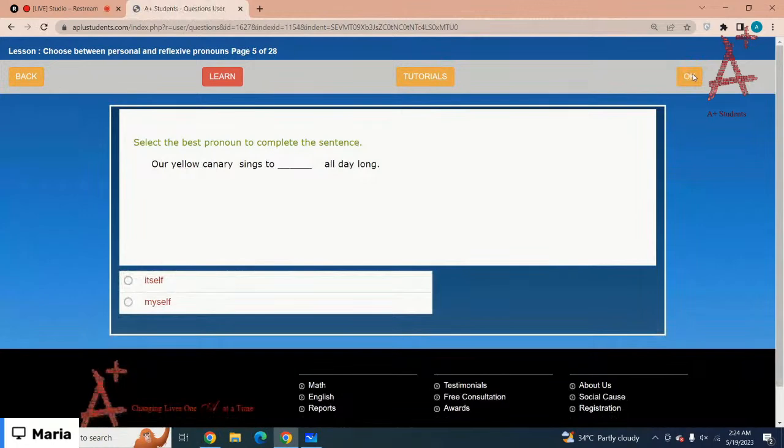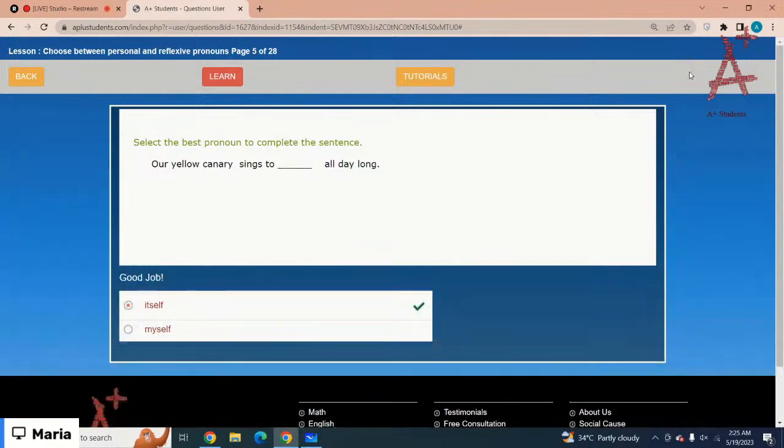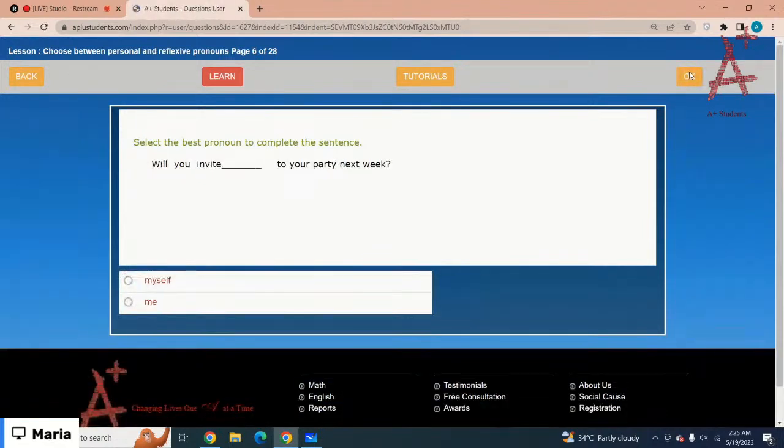The yellow canary sings to Dash all day long. Sings to itself or myself? Myself? No, I think itself. The canary sings to itself all day long. It would be itself, not myself. It is singing on its own, and so it will be itself.